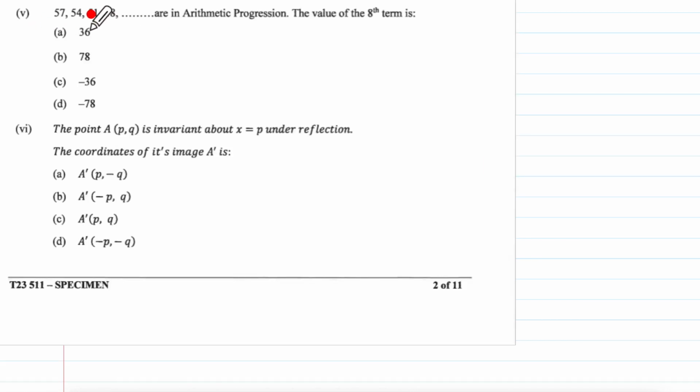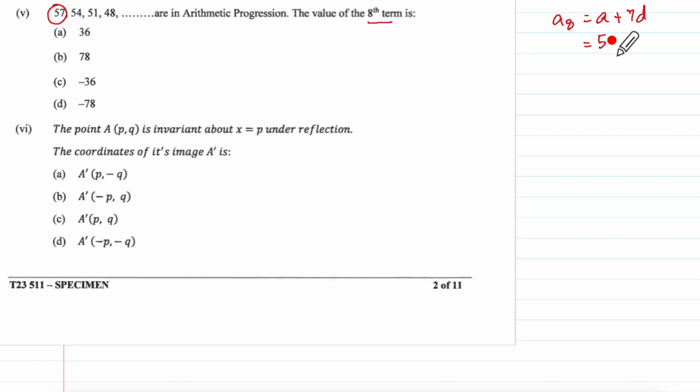Let us look at the fifth one. These are in arithmetic progression. Find the value of the 8th term. Now the 8th term is going to be A8, which will be a plus 7d. All of you know the formula, how to use it, correct? What is the value of a? a is the first term, that is this.